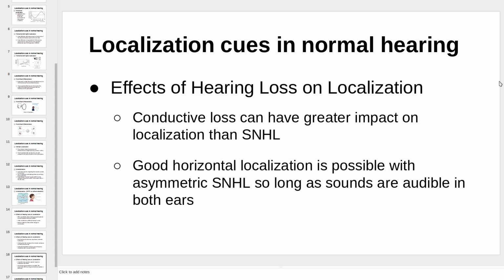You typically want about a 10 dB sensation level in each ear, or at a given frequency. But as long as it's audible, you can probably do okay with asymmetric sensorineural hearing loss. An interesting thing to consider would be someone who has binaural hearing aids, but is aided in only one ear. I suspect it would very likely decrease sound localization abilities initially, but then maybe you would see an improvement over time.